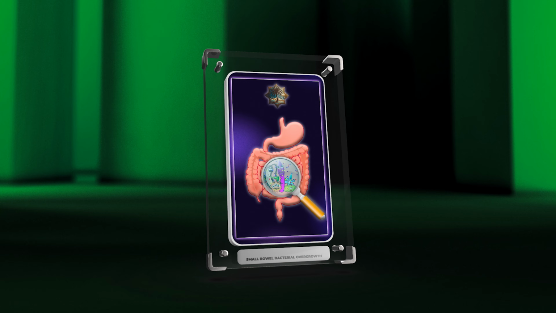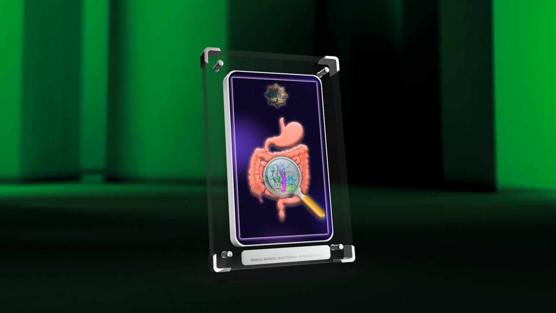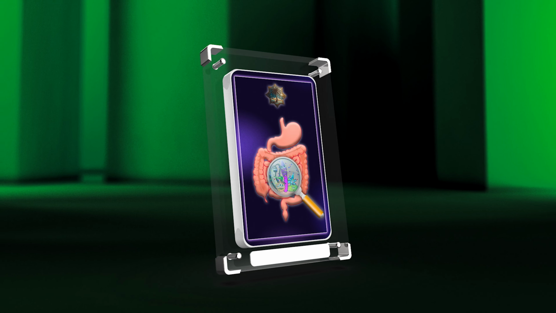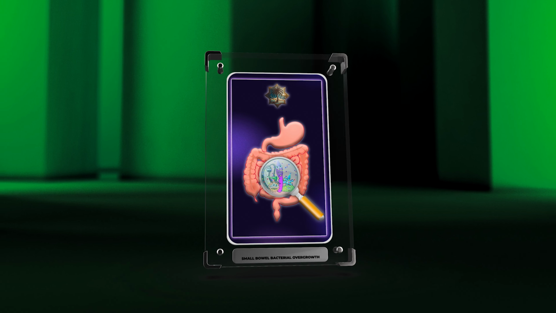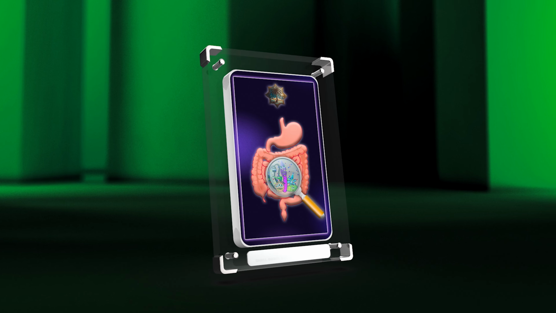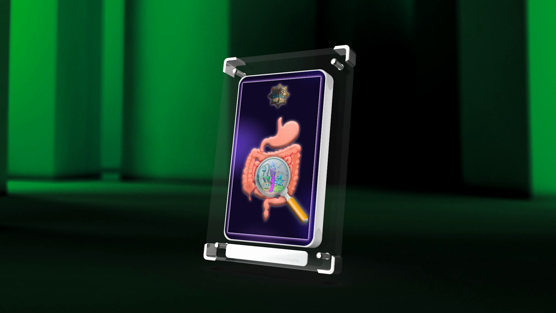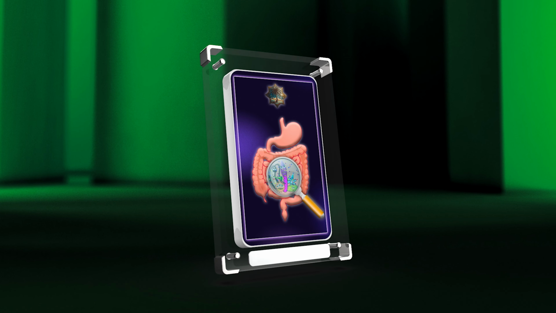In conclusion, small intestinal bacterial overgrowth, SIBO, is a complex condition with various clinical manifestations. It involves issues with gut movement, immune responses, and bile acid absorption. Advanced diagnostic tools, like breath tests and cultures, aid in identifying SIBO. Treatment approaches include antibiotics, probiotics, and addressing associated conditions.